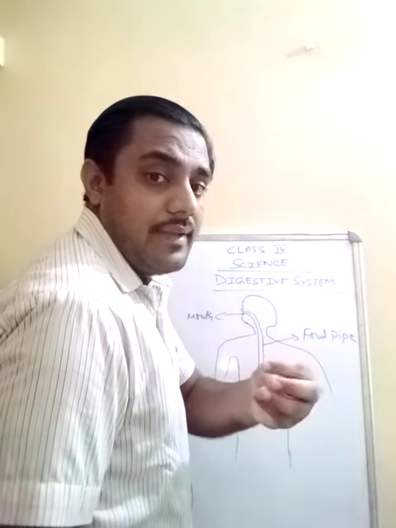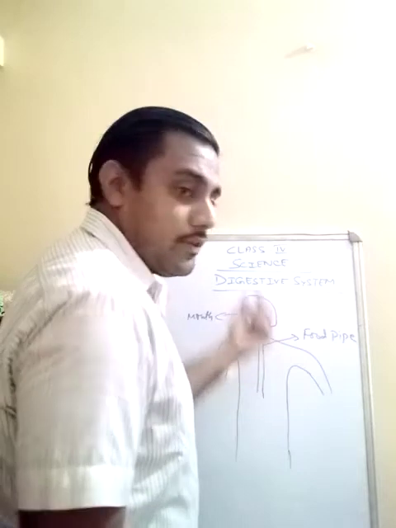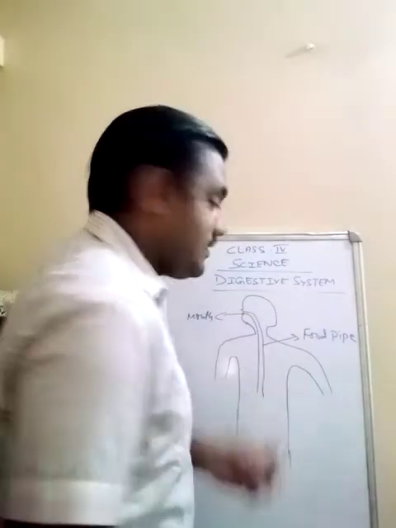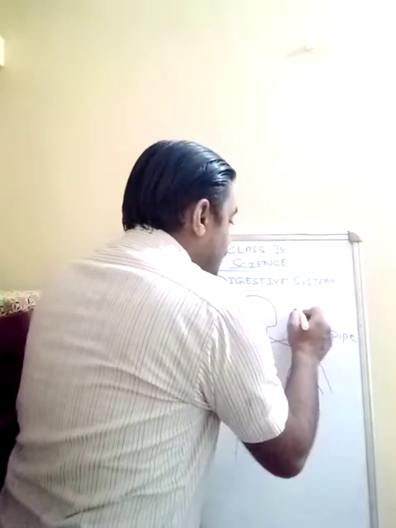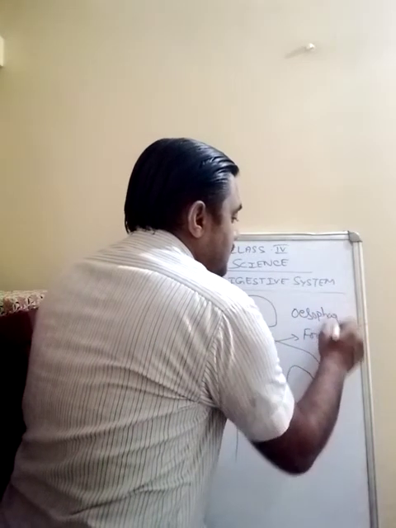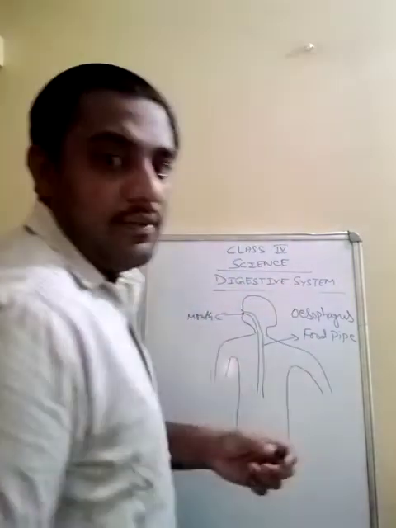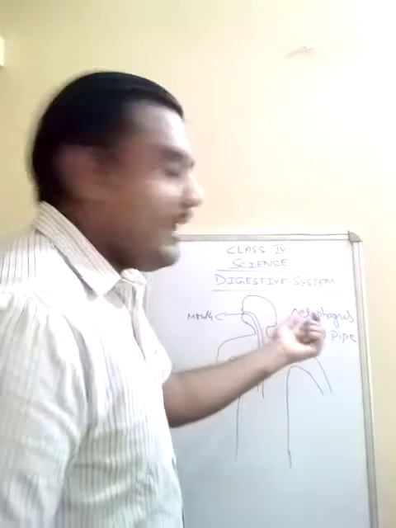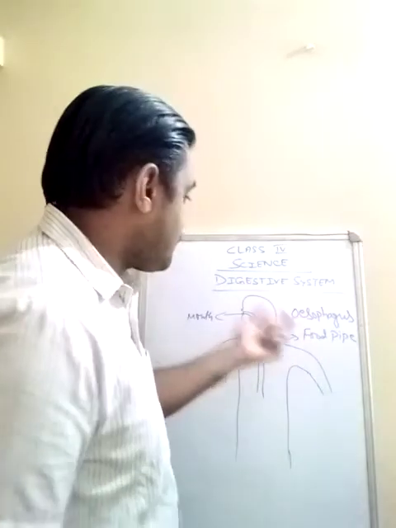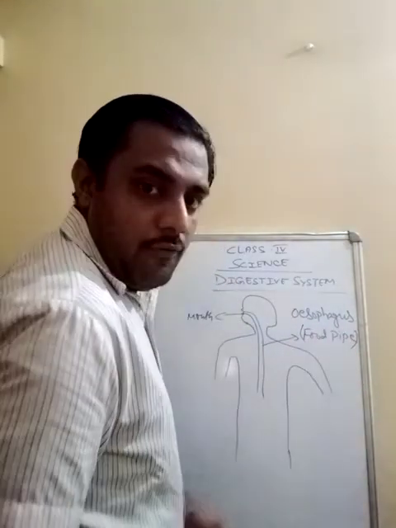It is something which has been used to make it easy. The actual term for this organ of the digestive system is esophagus. Esophagus, in local terms, is also known as food pipe.